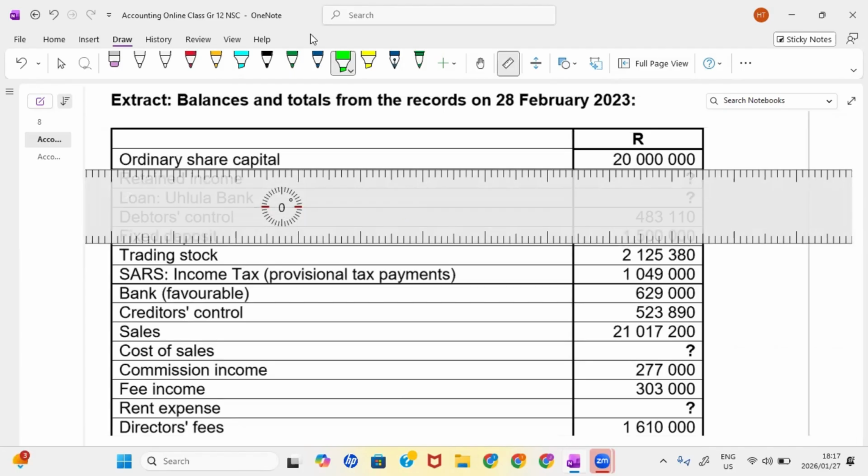You can just write in the chat, or if you want to answer, you can open your mic and say your answer. Ordinary share capital, where do we record it? Do we record it in the statement of comprehensive income or in the statement of financial position?